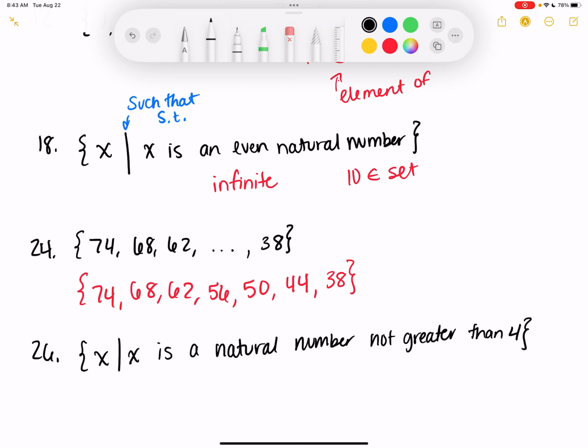We said natural numbers are basically whole numbers, so 1, 2, 3, 4. Not greater than 4, so it can't be bigger than 4. It's only going to be 1, 2, and 3. Oh, it's 4.